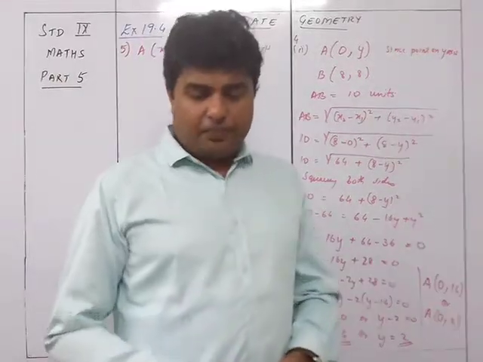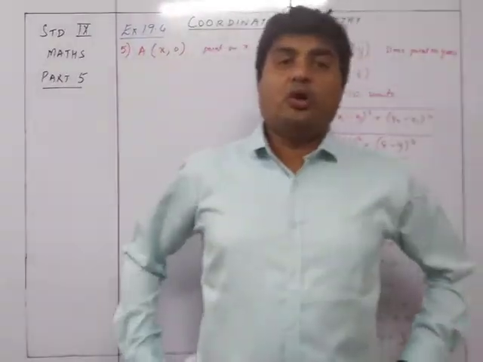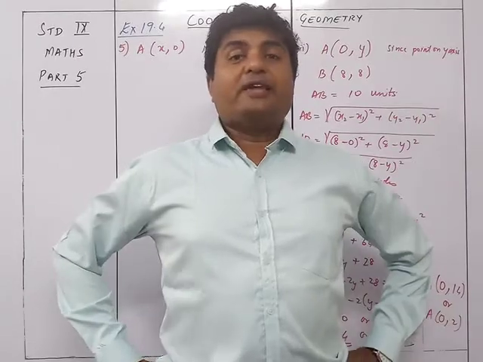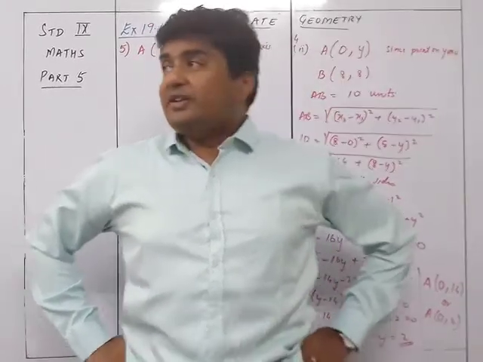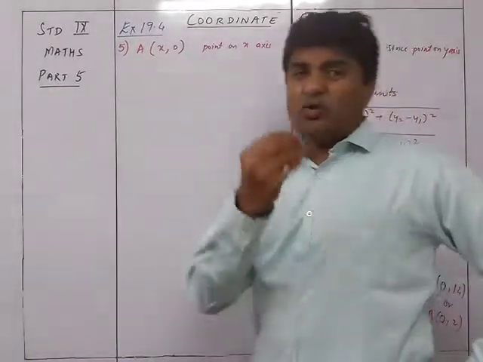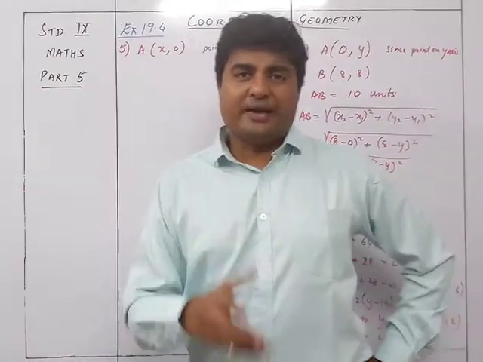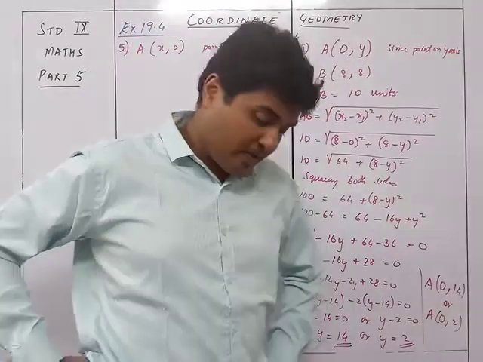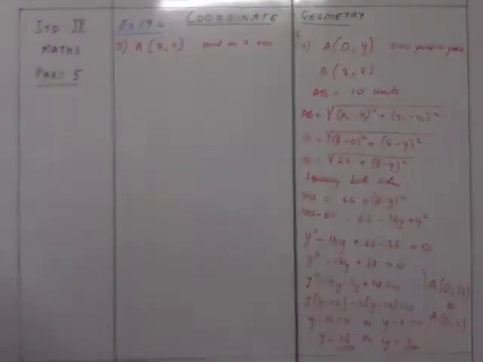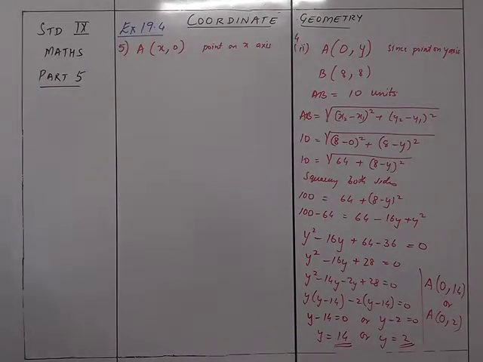Always remember this thing, I told you about a point on the x-axis: if the point is on the x-axis, that means the y value is 0, and the x value will be something. So that something I am taking as x. So it will be x comma 0. Okay, so that is the point over here.